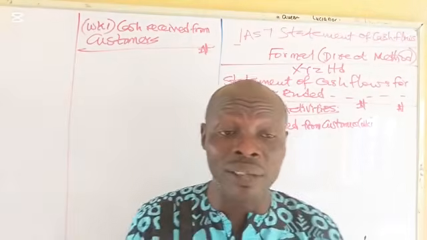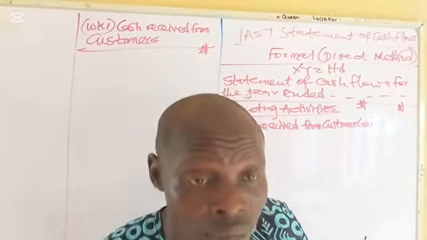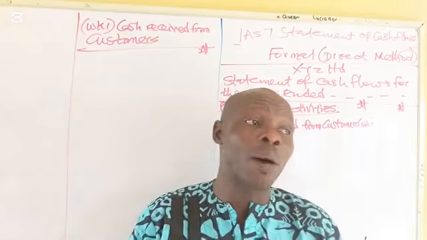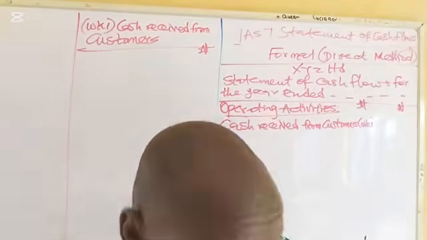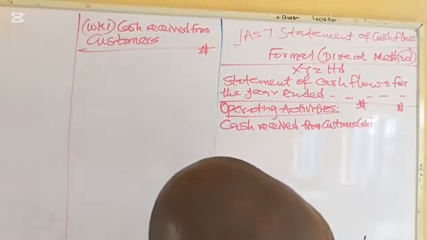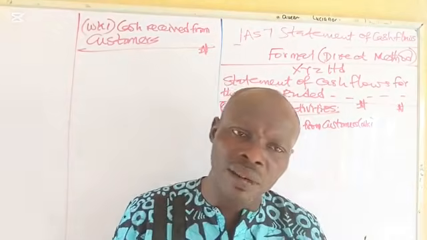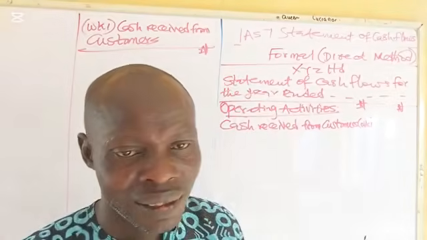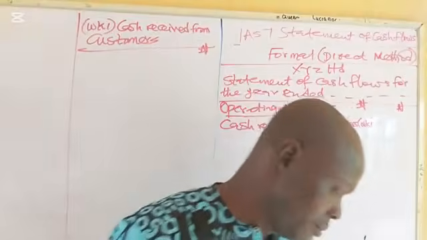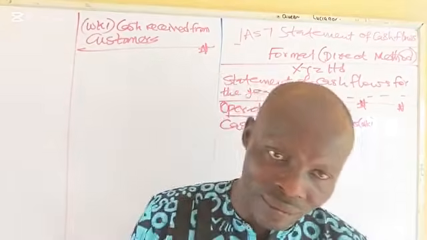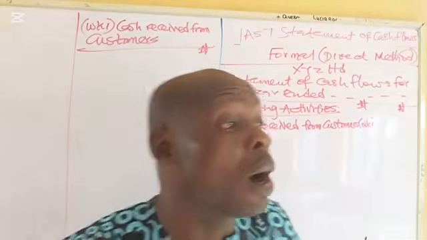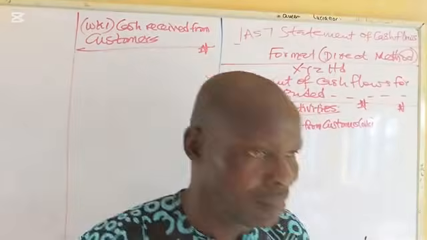Expected cash from the debtors. How would the receivable be a liability? That is the amount customers are owing.